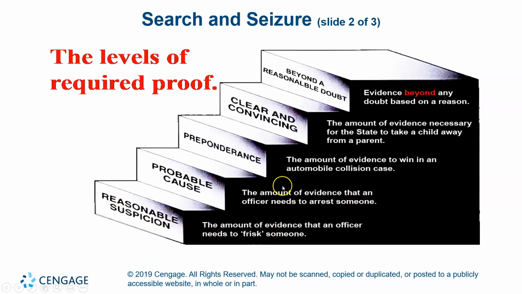But you need probable cause to arrest or do a thorough search on someone. And then you go up to the top, beyond a reasonable doubt. This is what you need to convict somebody. Some other states use preponderance or clear and convincing, and some of these are also used in civil cases.